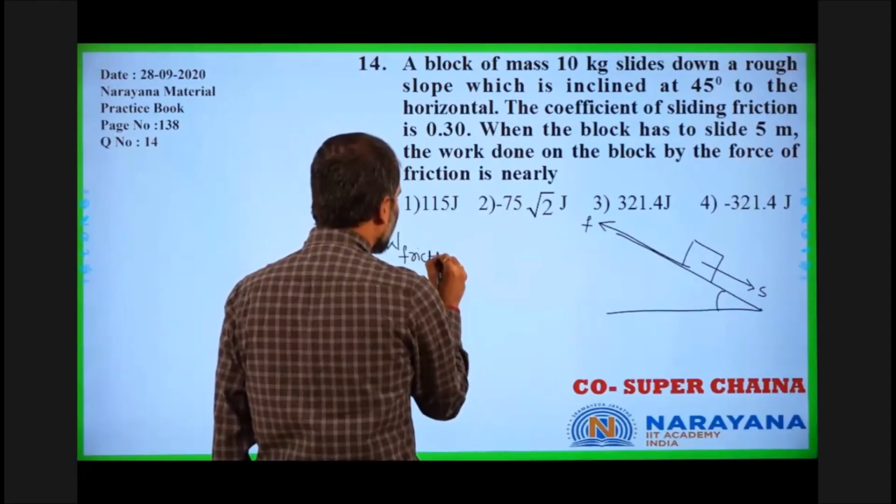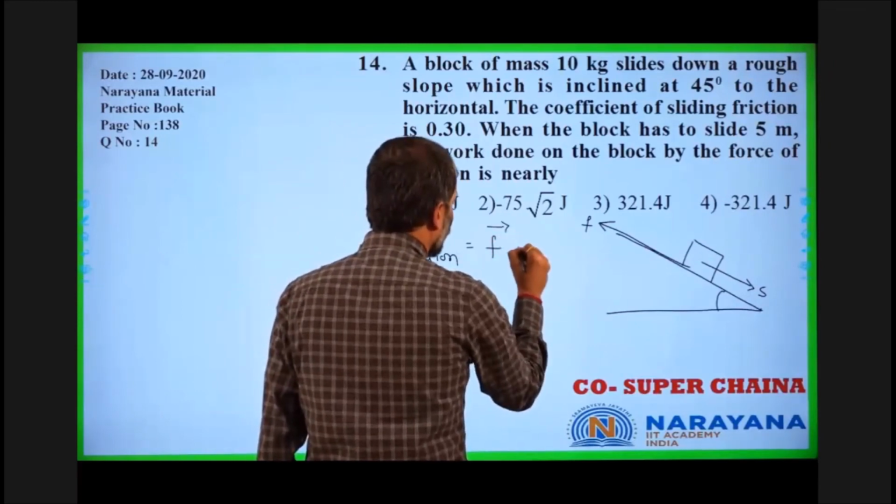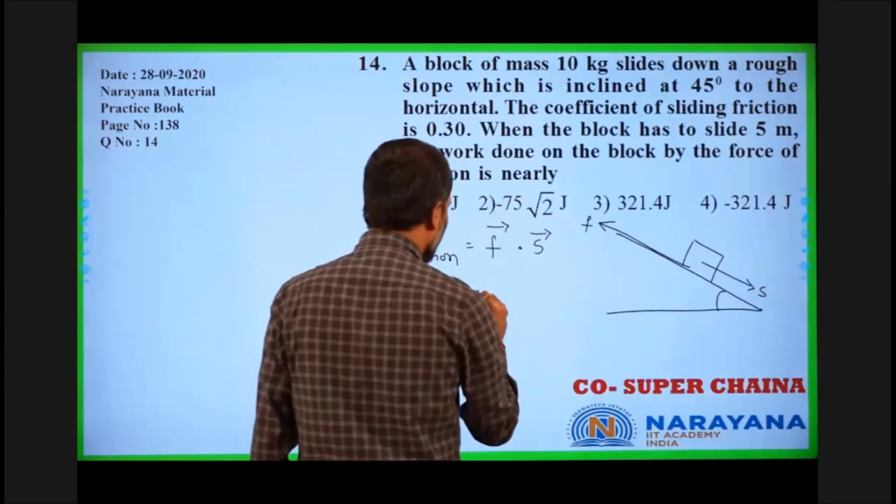Now if you look at the diagram, frictional force is opposite to the displacement.